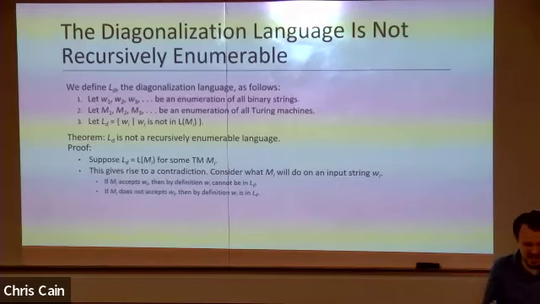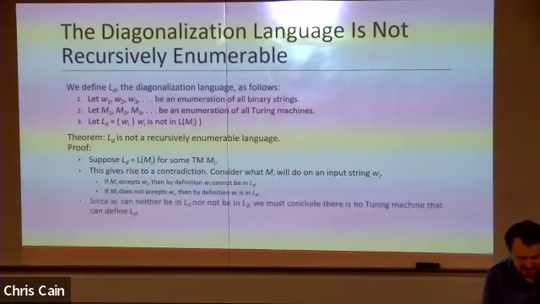If this machine does not accept W sub I, then by definition, W sub I is in the diagonalization language. Which we also said can't happen. So since W sub I cannot be in L sub D and not be in L sub D, we can conclude that no Turing machine exists that can define that language.